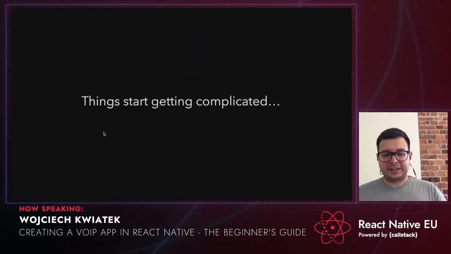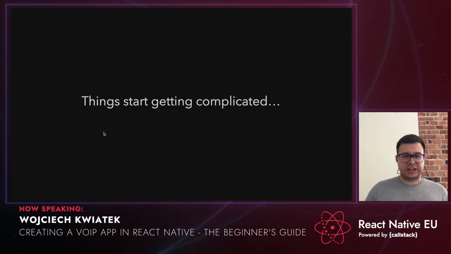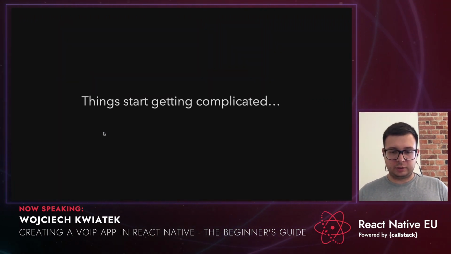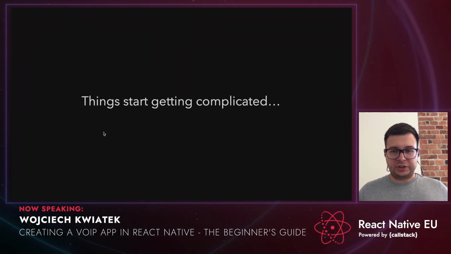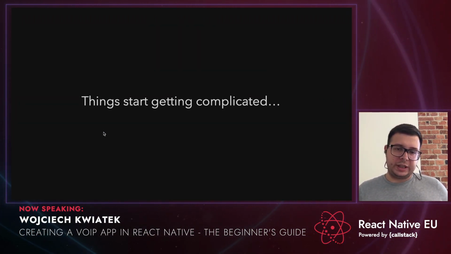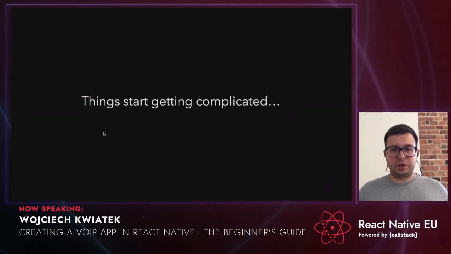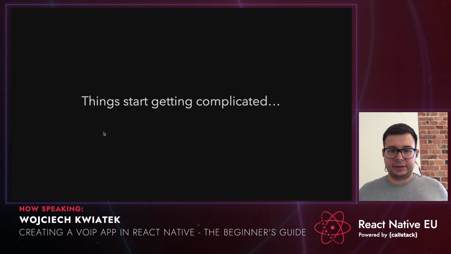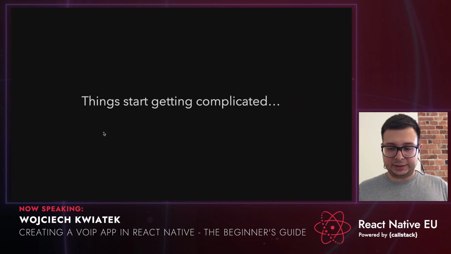You can see that we just took a look at the very beginning of this, let's say, conversation. We just set up the connection between the peers with WebRTC. We didn't even send the media yet. So to be honest, WebRTC is a very powerful tool, but it's definitely not that easy.